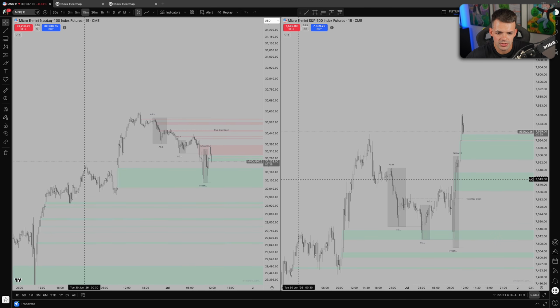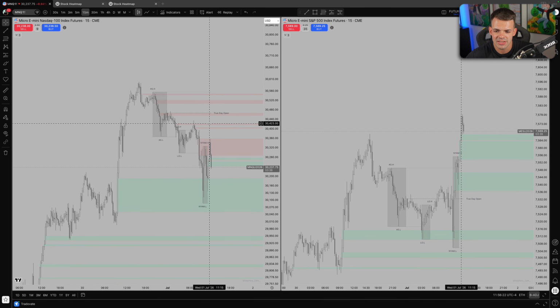And today was a good example for it, because you can see that the Nasdaq is definitely weaker than the S&P 500. Why? Let's look at this high. We see the Nasdaq fails to take out this high, while the S&P 500 took out that high.